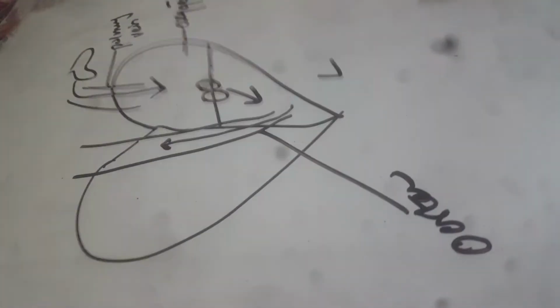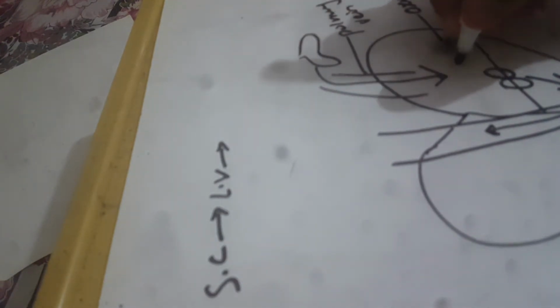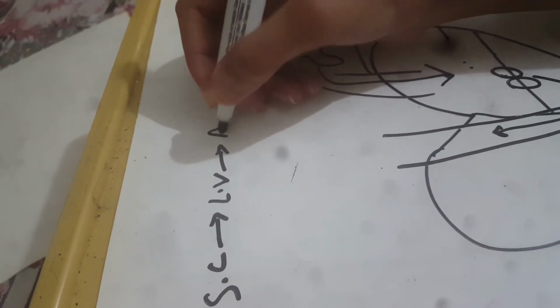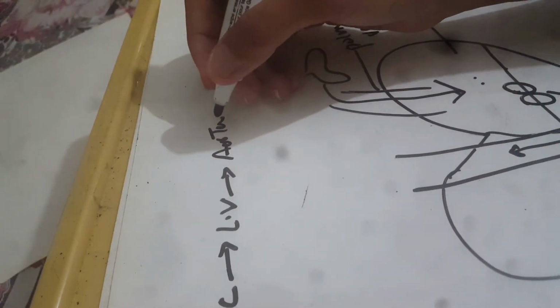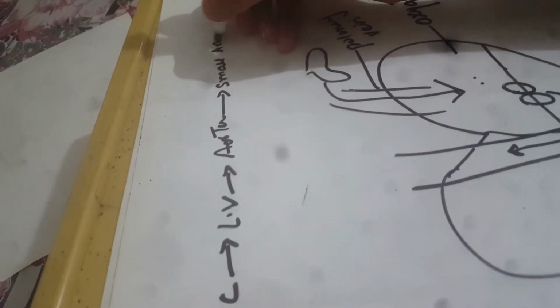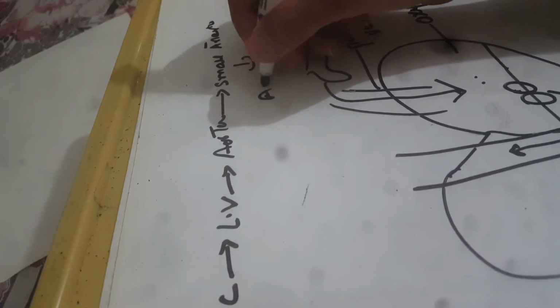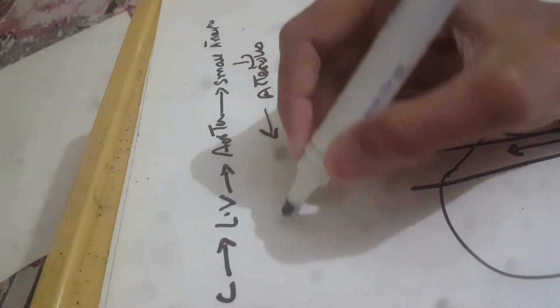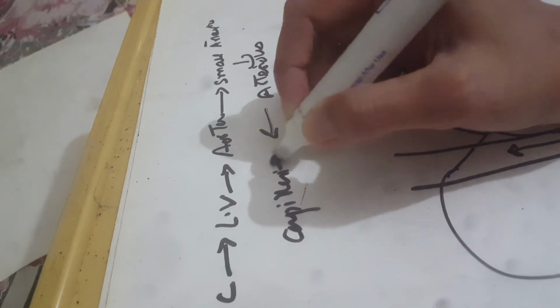Summarizing the systemic circulation, just look, this is the systemic circulation. It goes from the left atrium to the left ventricle, then into the aorta, then divides into small arteries, and then into arterioles that are under resistance. From arterioles it divides into capillaries.